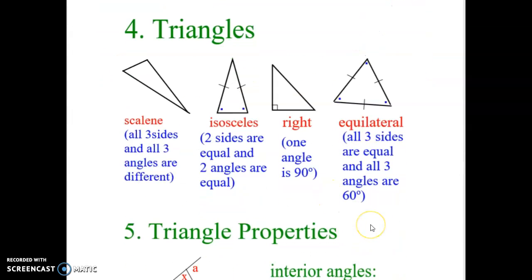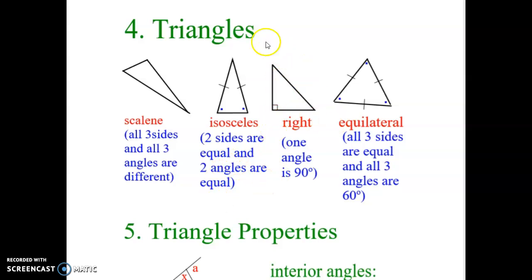Triangle properties. So we learned back in elementary school that we have different types of triangles based on their side lengths and also based on their angles. First triangle we're going to look at is a scalene triangle. That tells me that all 3 sides and all 3 angles are different. An isosceles triangle, that's a triangle that has 2 equal sides, and the 2 angles opposite those equal sides are also equal.